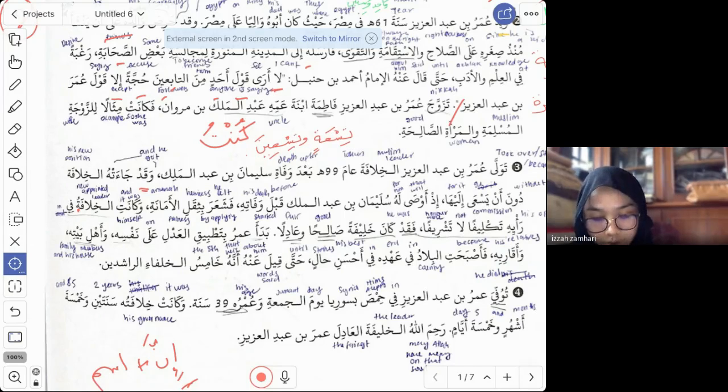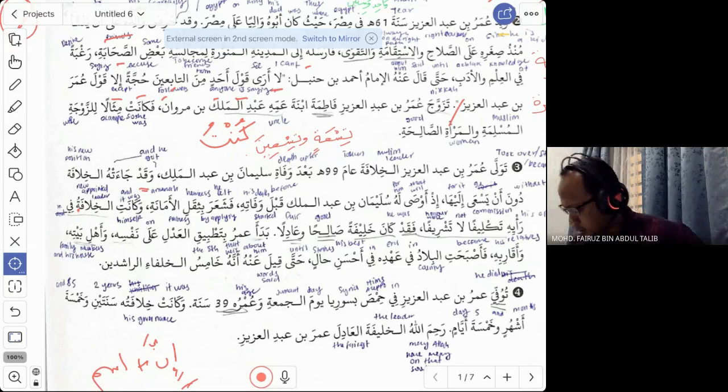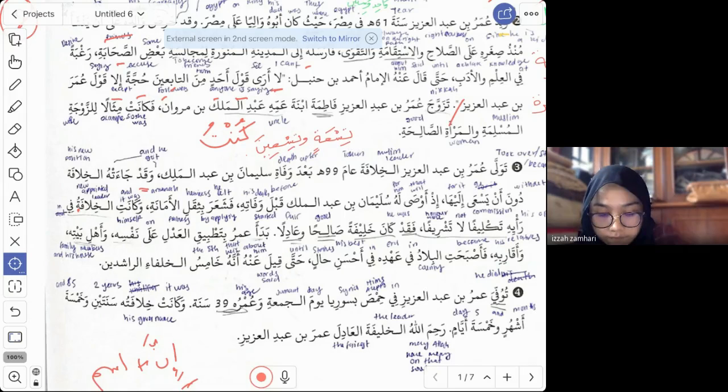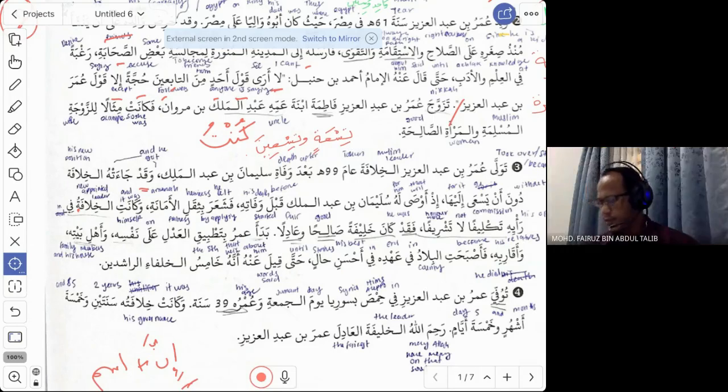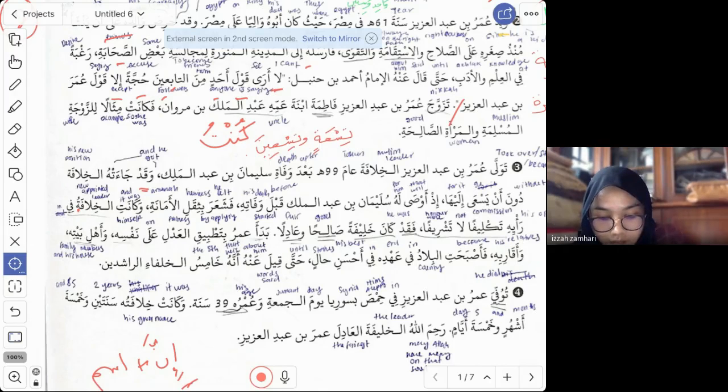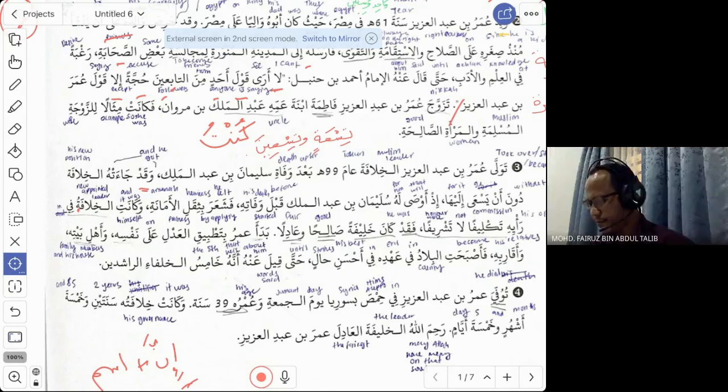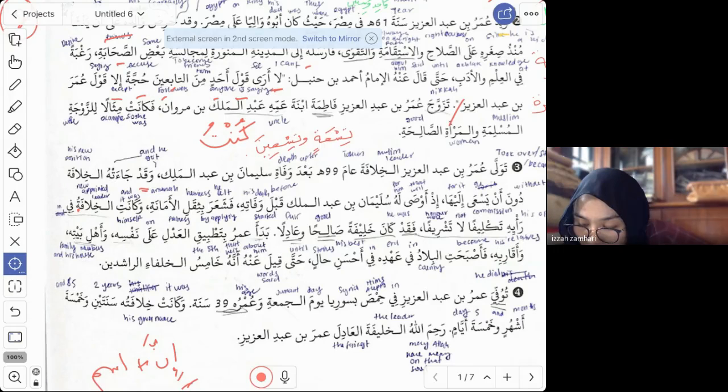Ala nafsihi means on himself. Wa ahli baitihi, the family members of his home. Wa aqaribihi means his relatives.